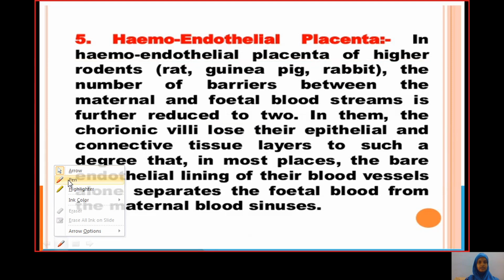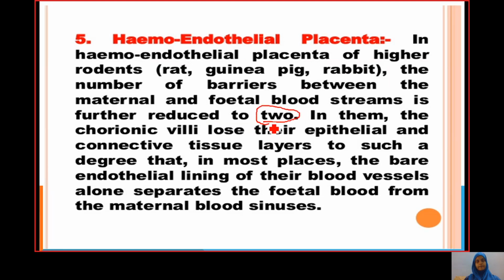In the hemoendothelial placenta of higher rodents like rat, guinea pig and rabbit, the number of barriers between the maternal and fetal blood streams is further reduced to 2. Only 2 barriers are present.